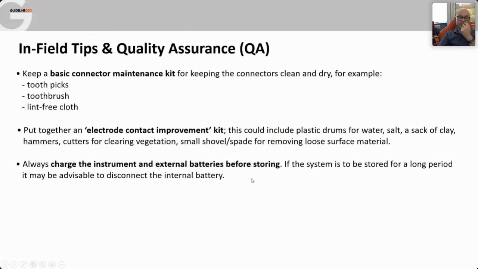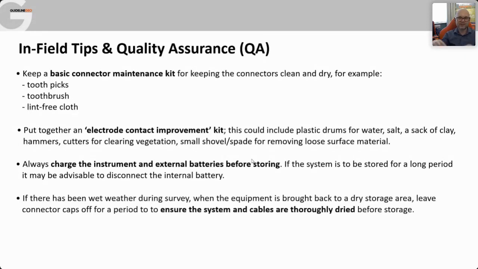In terms of what we can do to keep the instrument healthy in the long term, well, make sure that the batteries are always charged, as we said, when we come back to the office. And also, if it's been wet during the survey, the instrument is IP66 rated. So that means it's completely dustproof and it will withstand high pressure water jets.